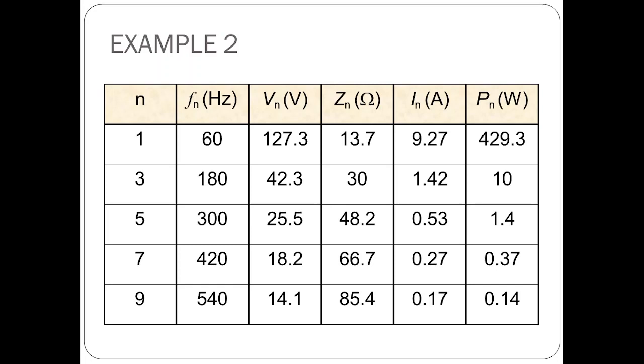So if you are multiplying 127.3 into 9.27, there will be different values here, and we will be writing the power formula and finding out the different power values.